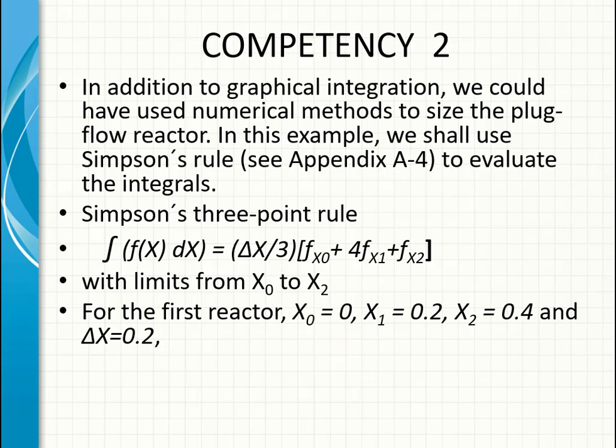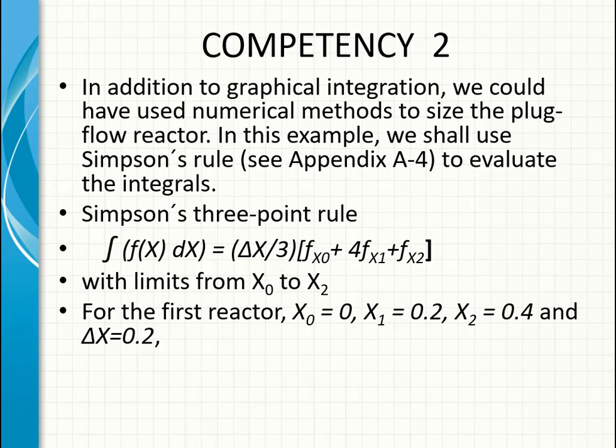In this example, we shall use Simpson's rule from appendix A.4 of our book to evaluate the integrals. The Simpson 3-point rule, we must recall, is that the integral of f(x) dx is equal to delta x divided by 3 times f(x) evaluated at x0 plus 4 f(x1) plus f(x2), with the limits from x0 to x2.